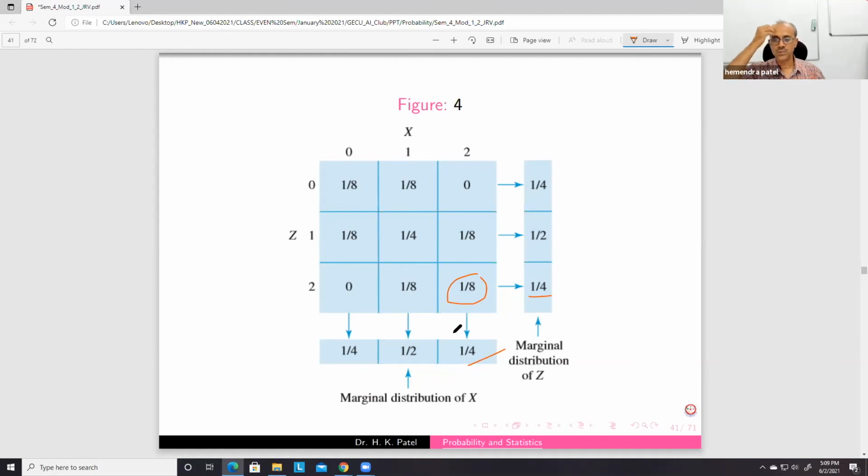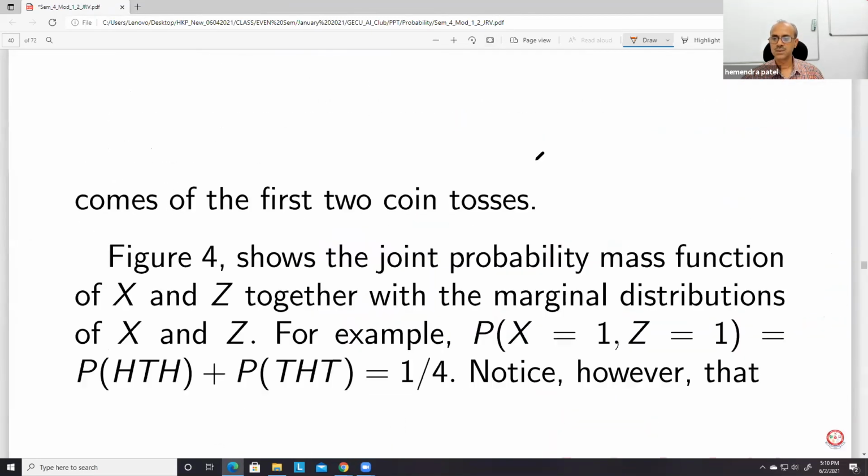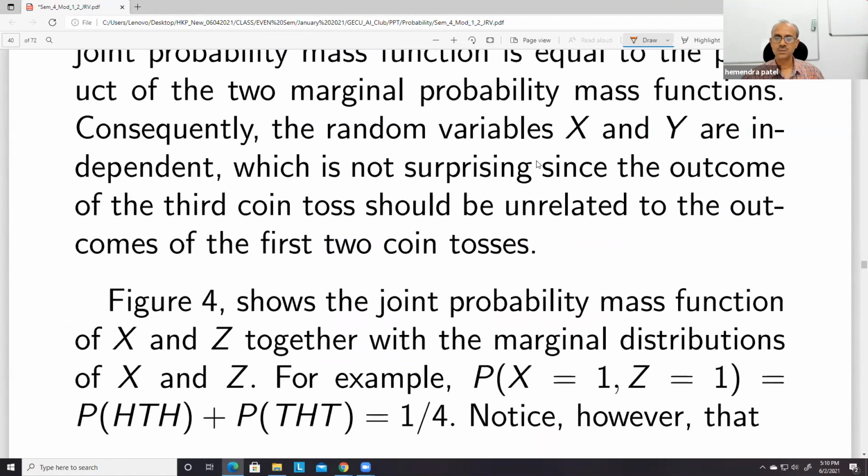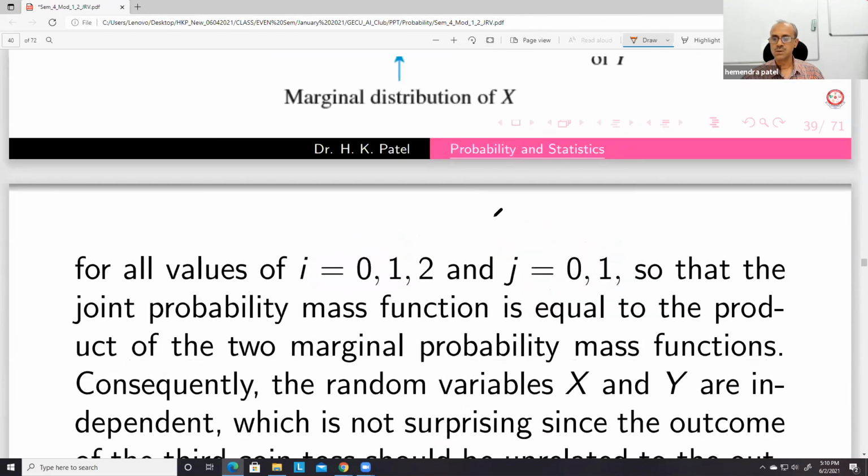Okay, and therefore not independent, which is very natural, because x talks about the first and second toss, and z talks about the second and third. So naturally they are not independent.